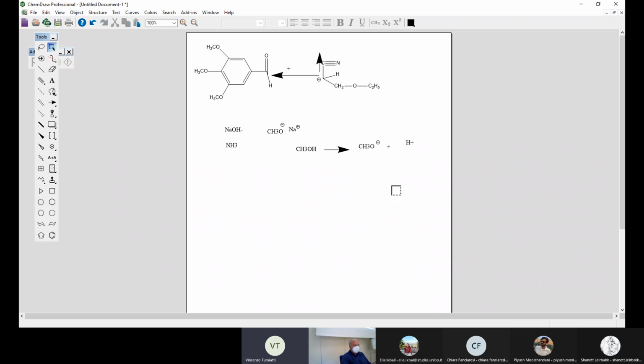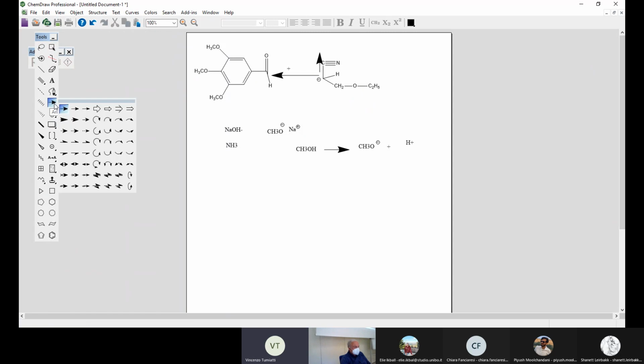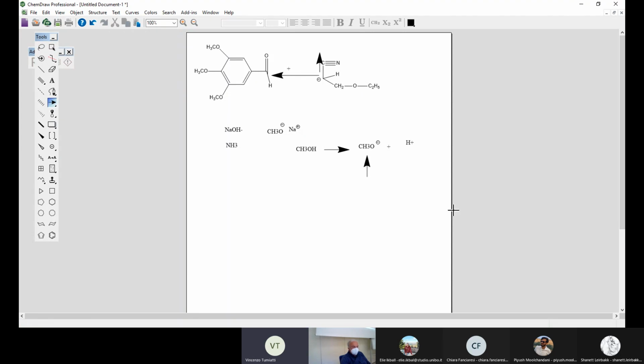On the other side, you can understand that if in some way we have this anion, it is a very, very strong base because it derives from a very weak acid. The conjugate base is very strong and the starting acid is very weak.